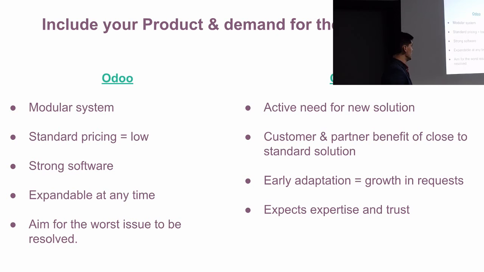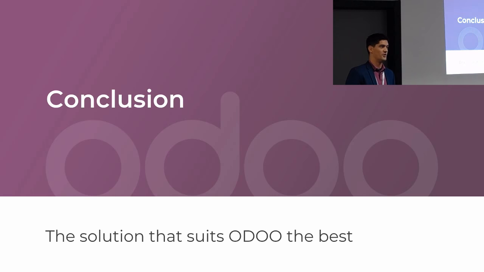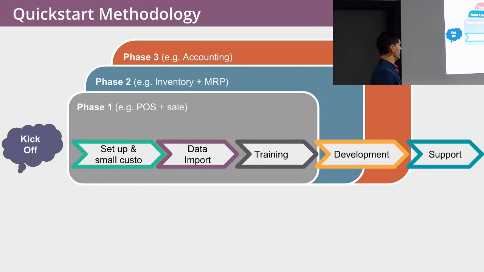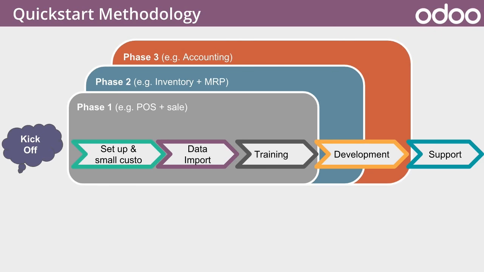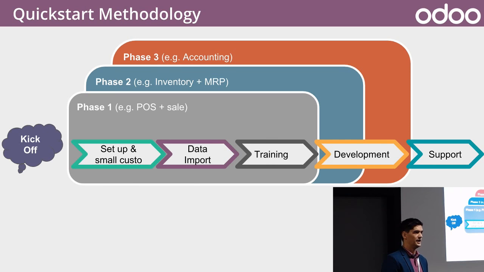And with that, I think you guys feel where we're going for the conclusion, where Odoo believes the best approach to deliver the software as it is today is the Quickstart methodology. For those who don't know, this is the methodology we developed in our Quickstart team, the team with our consultants that deliver the solution to the end customer on a day-to-day basis.